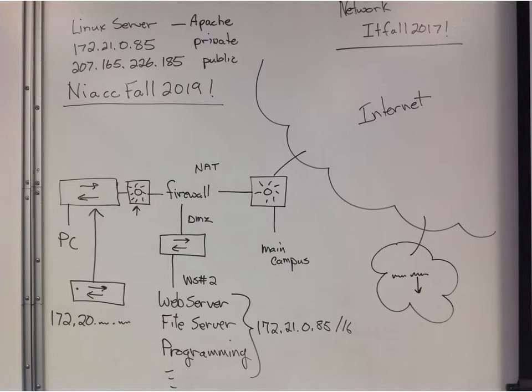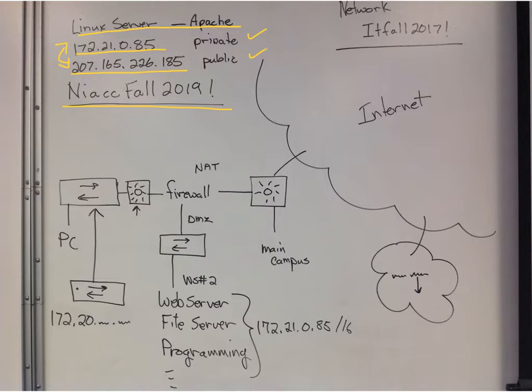So we have some information here. Let's run through this. We have Linux, Apache web server. We have a private address on campus that matches this public address you would use off of campus. This is the address. Okay? Private address, public address.